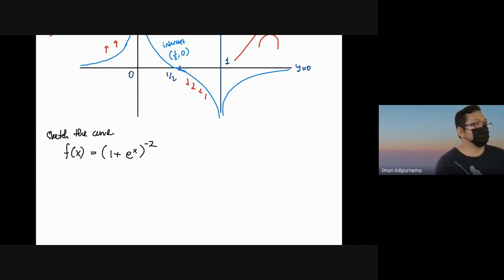You can check with the graphing calculator if you want how the graph looks like.